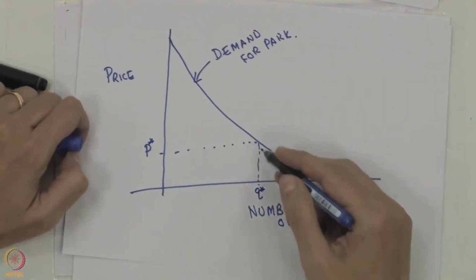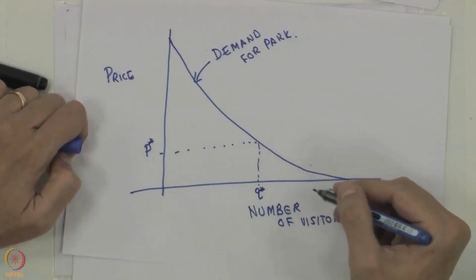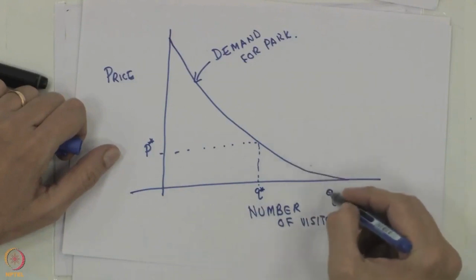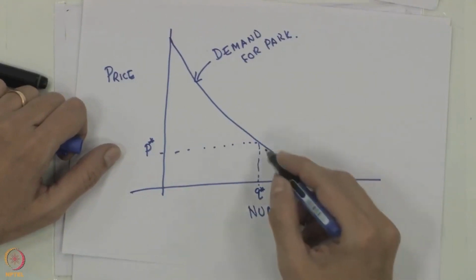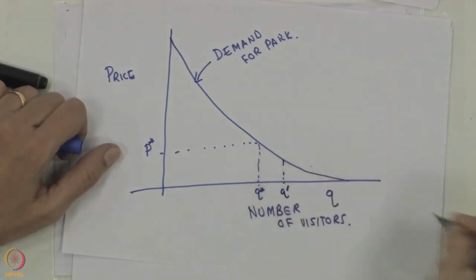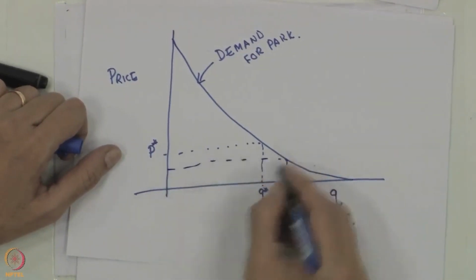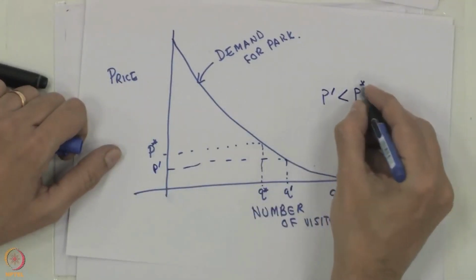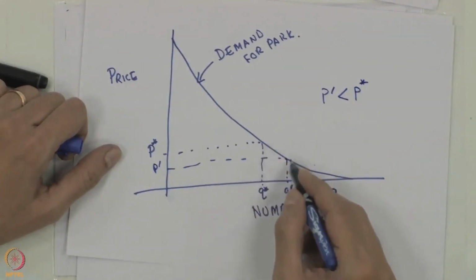The question is, is this a Pareto efficient solution, or would it be better to reduce the price? If you reduce the price, then there will be more people. So, now there are all these people who are not coming to the park, but if I reduce the price and make it P dash, less than P star, you will find that at that price there are now more people, Q dash.